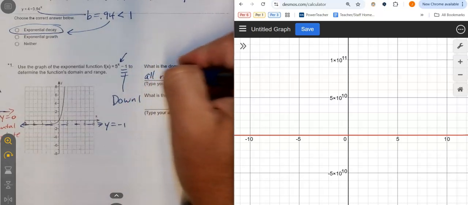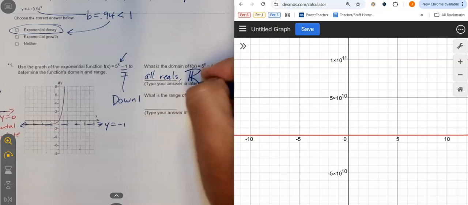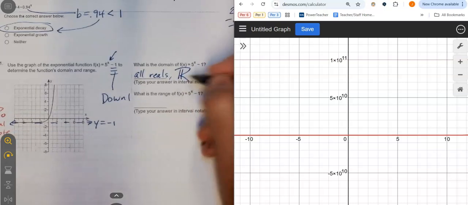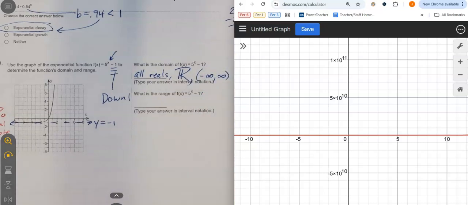We could say all reals. We could use the all real number sign, right? The capital R with a double bar. Or we could say negative infinity to infinity. I don't care which way you say it.